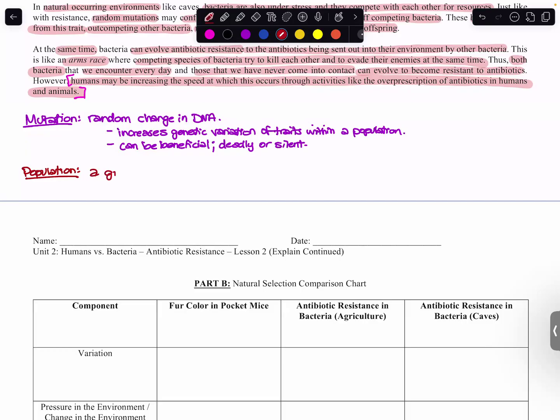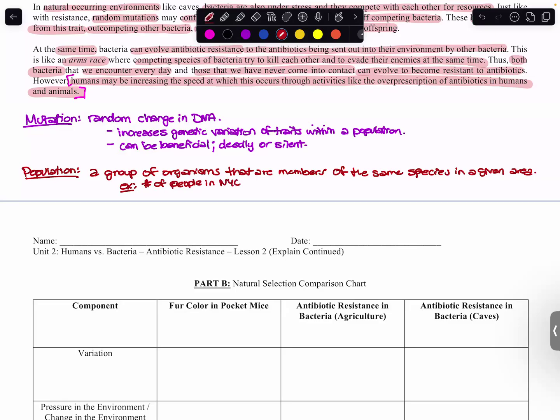So it's a group of organisms that are members of the same species in a given area, right?